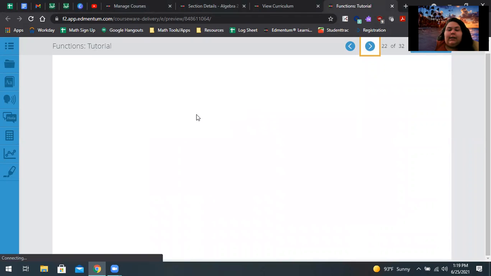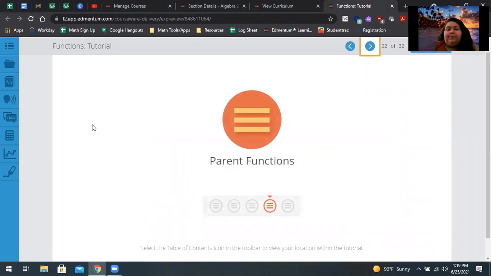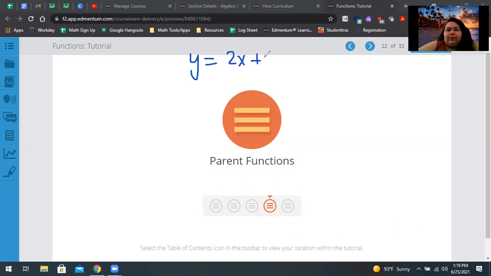Let's move on to slide 22. The parent functions. What are parent functions? When you deal with equations, say we have the equation y equals 2x plus 3. This originates from the parent function, y equals x.